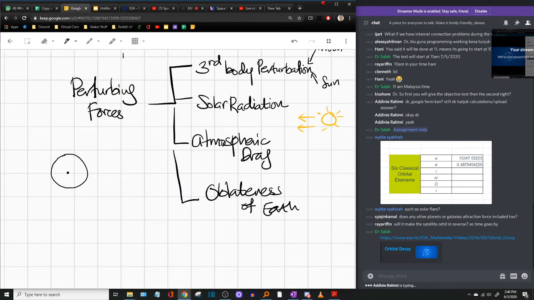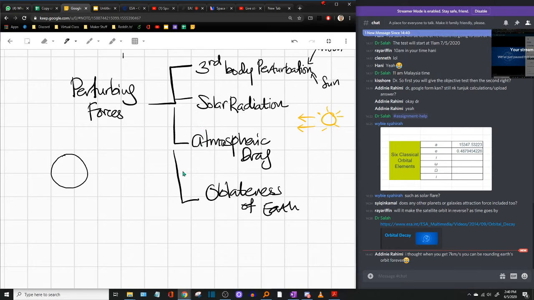Now, since it's not really a perfect sphere, you can be rounding. No, the question was, can it make it go reverse? No, I think it's really hard to do that. Now back to this one here. Since our Earth is not a perfect sphere, at different points of Earth you might feel different gravitational acceleration, because the Earth's shape is not uniform.